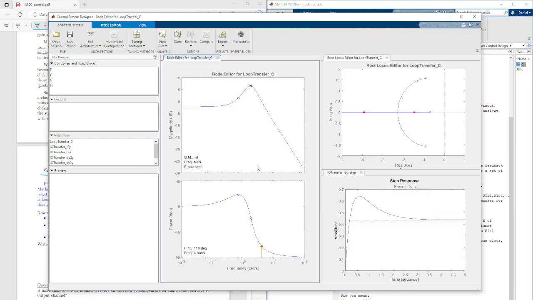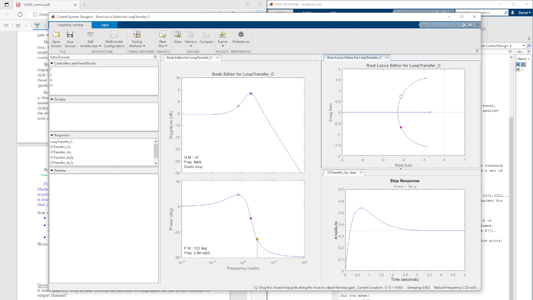What we're going to bother about is this root locus curve and the step response. And now you're going to see that it is interactive, because you can simply grab the poles and shift them around, for example to here, and Matlab immediately changes the step response.